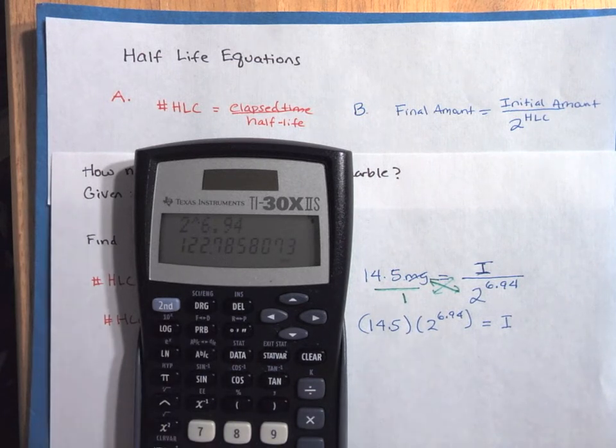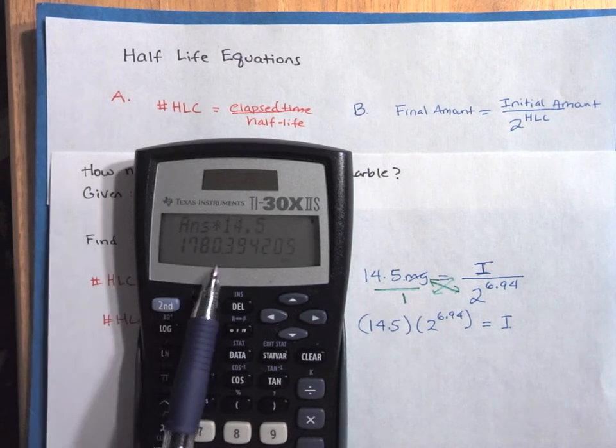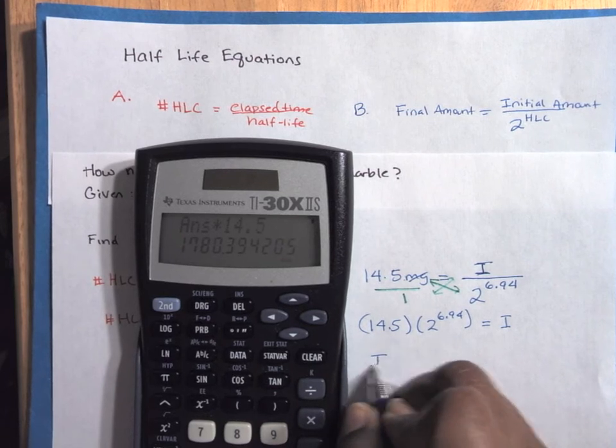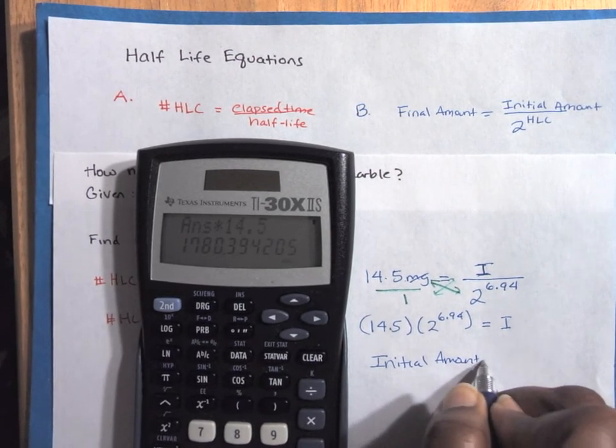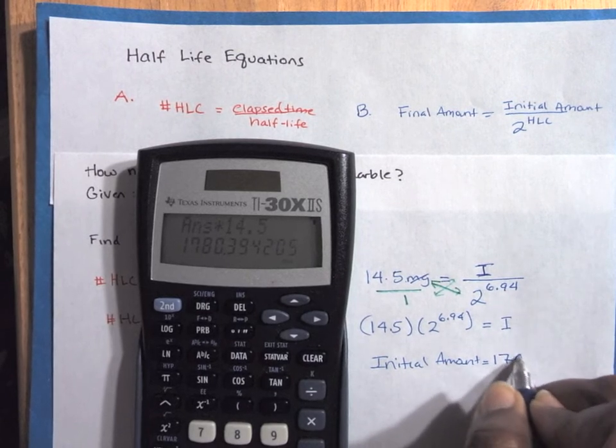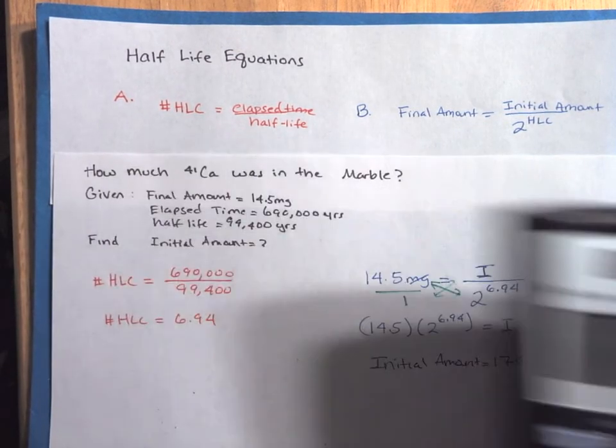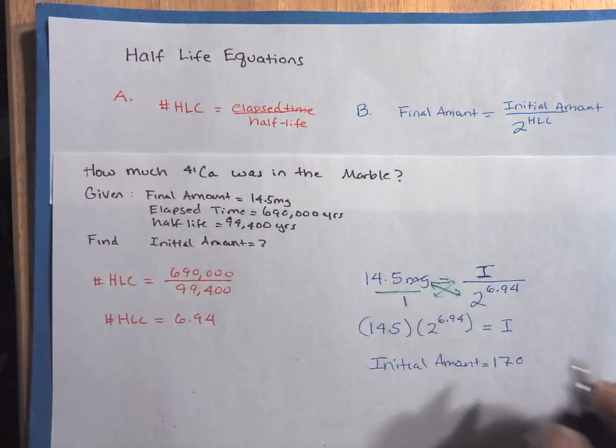122.78, and then we're going to multiply that value by 14.5. Okay, and I get this number here. So that means my initial amount, let me just check my sig figs here. I only have 2 sig figs.